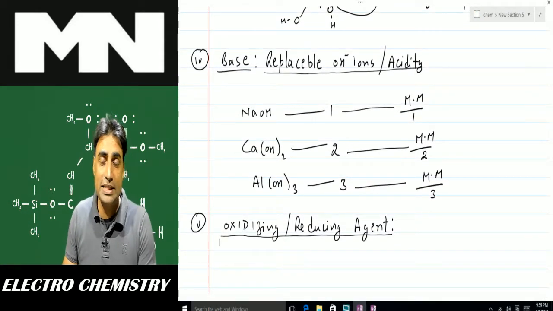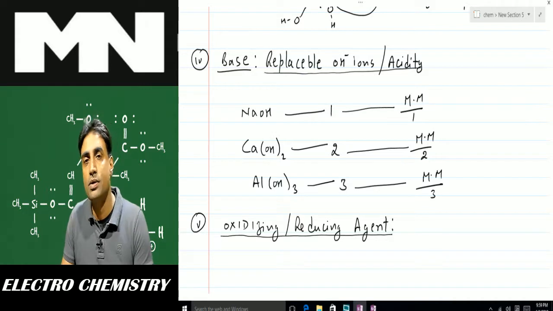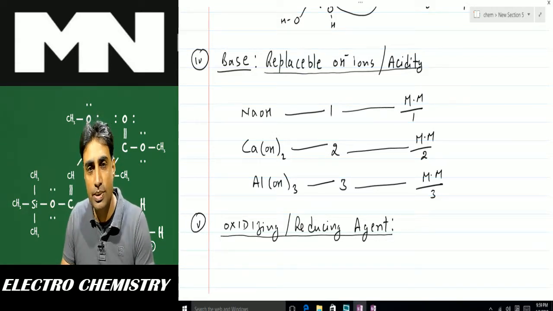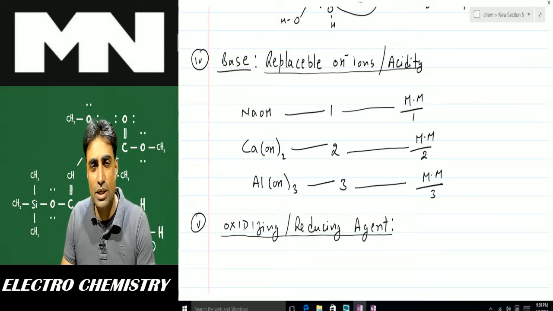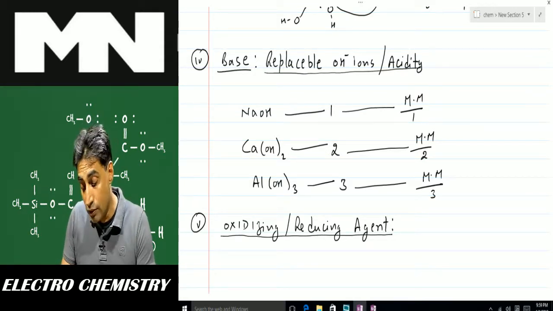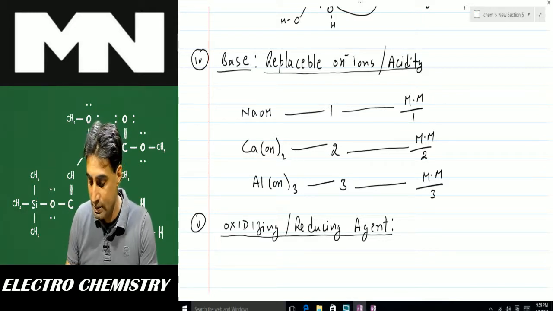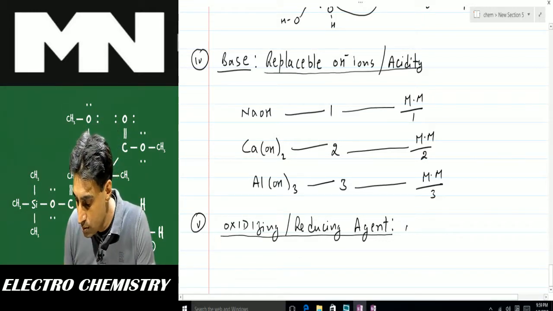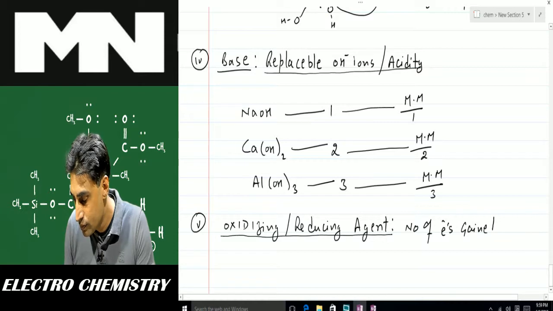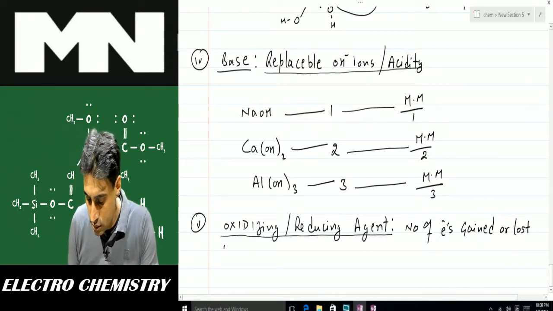Well, oxidizing agents are those which have a tendency of gaining electrons from some other elements or compounds. Likewise, reducing agents are those which have a tendency of donating electrons. So the N factor of an oxidizing or reducing agent is the number of electrons gained or lost by it. So it is always equal to the number of electrons gained or lost by it.